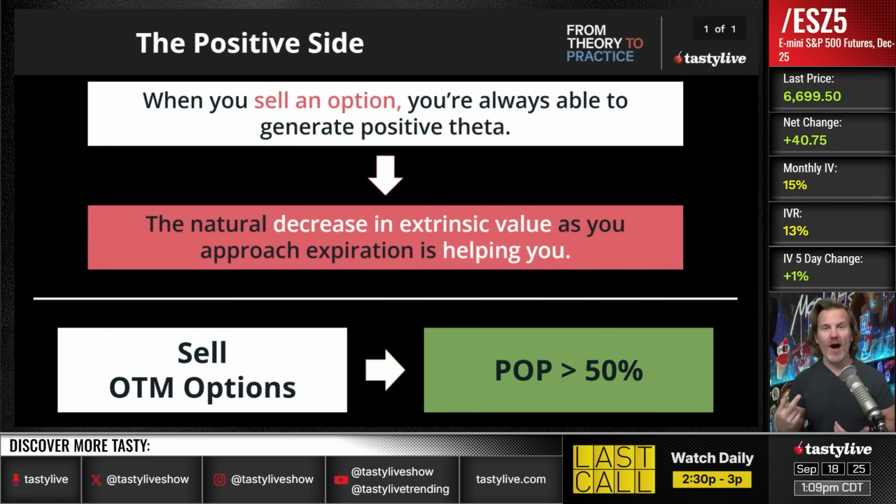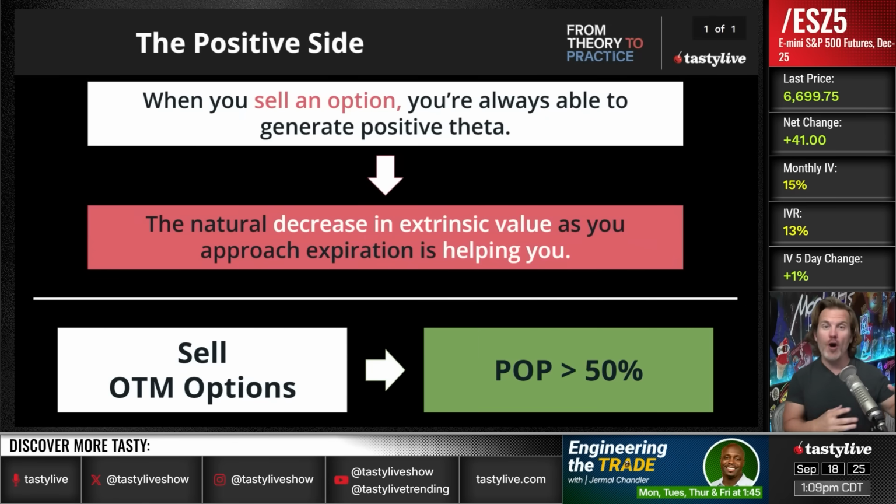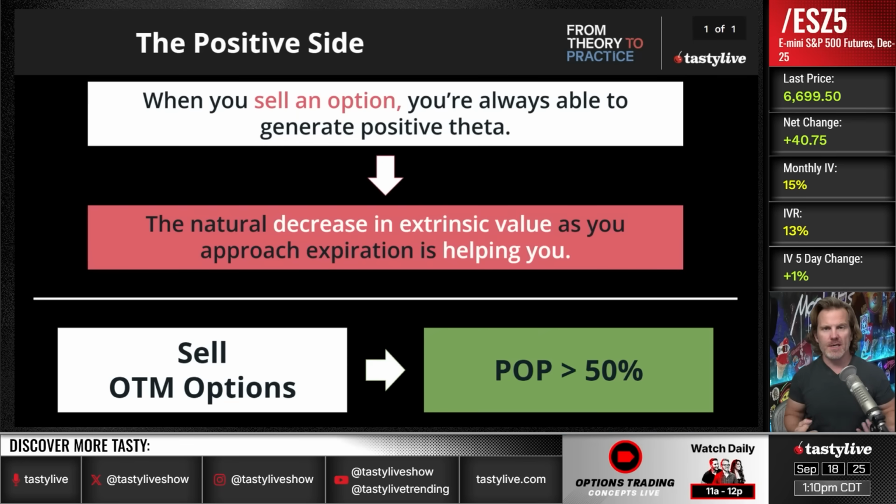I don't need volatility to move in my favor, the other two things that are essentially driving options P&L. I just need time to move forward. I just need this option to get closer and closer to expiration, which of course we all know is going to happen. There's nothing I'm going to need to do. There are no additional energies I'm going to need to exert on this position to make that happen. It's going to naturally happen itself.